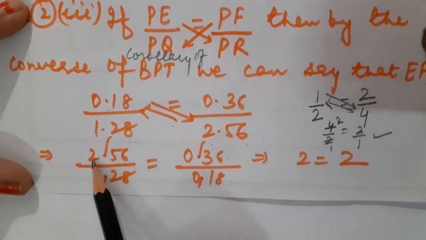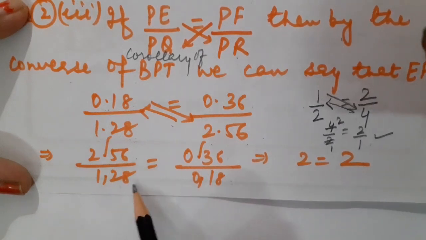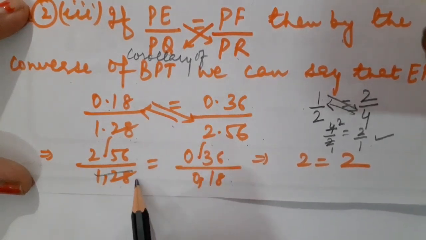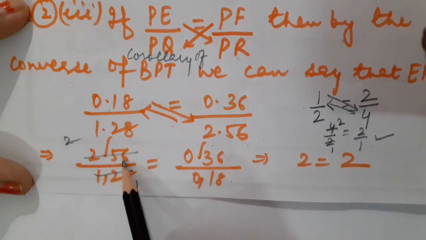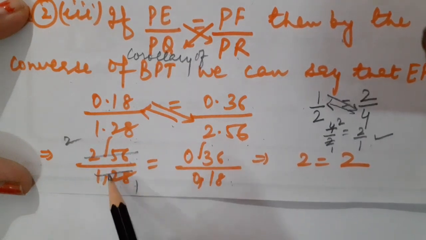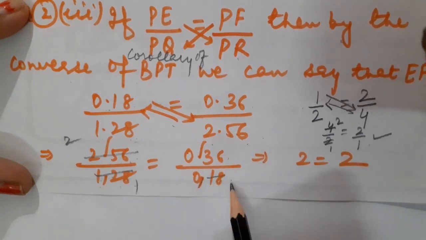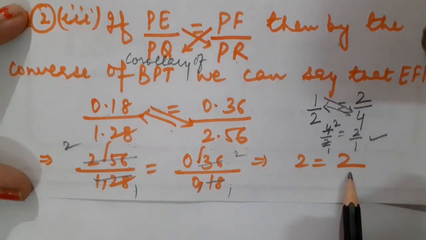In the same manner, to cancel 256 by 128 is also very simple. Okay. So after changing the places, I know 128 ones are, 128 twos are. I will be getting 256 after removing the decimal. In the same manner, here also I have removed the decimal. So 18 ones are 18, 18 twos are 36. So 2 is equal to 2.